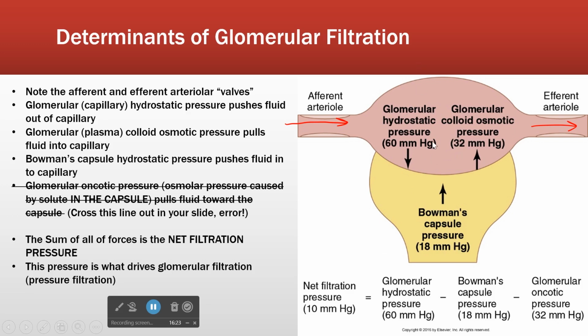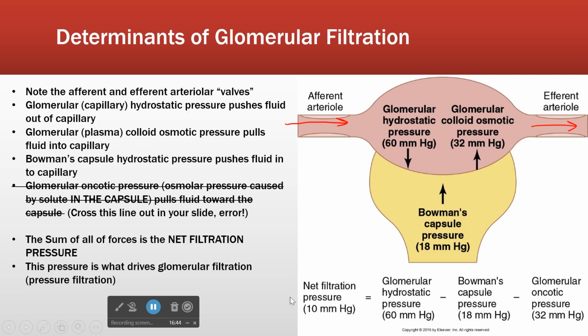So if we line up our ins and outs, we can come up with a net filtration pressure, just like we did in the Starling forces. Our glomerular hydrostatic pressure minus our Bowman's capsule pressure minus our glomerular oncotic pressure gives us our net filtration pressure.